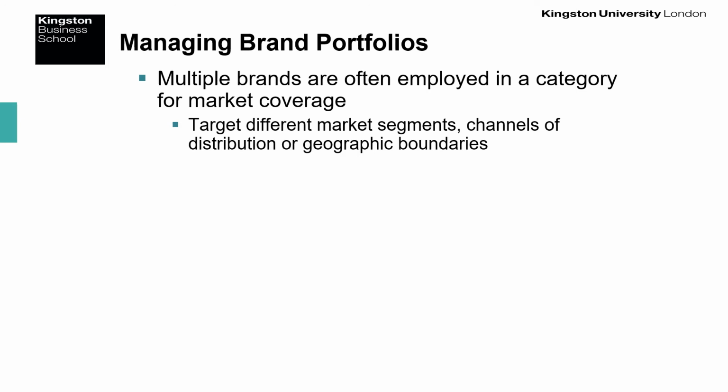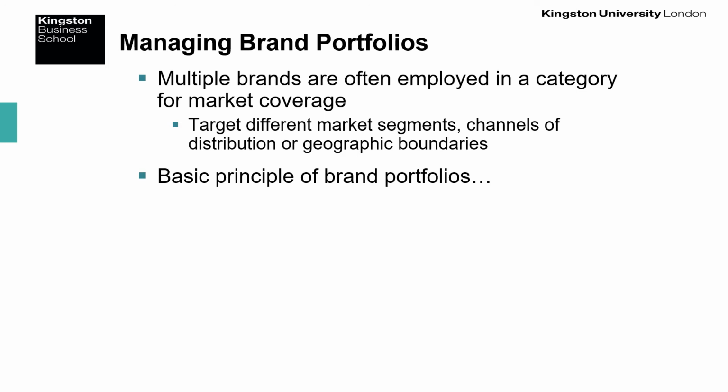Rowntree's is a British brand of confectionery, with polos being one of its sub-brands. And when Nestle acquired Rowntree's, they kept the name for the UK market, so it still does appear on certain types of confectionery because it has considerably high levels of brand awareness. It has history, heritage, and strong positive associations within the UK market.